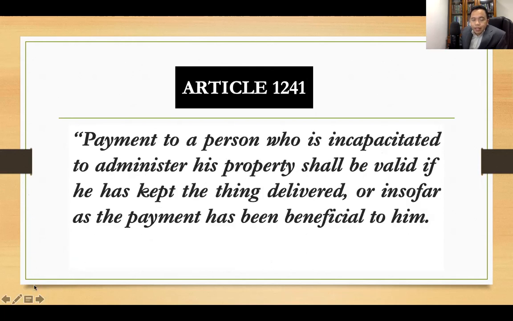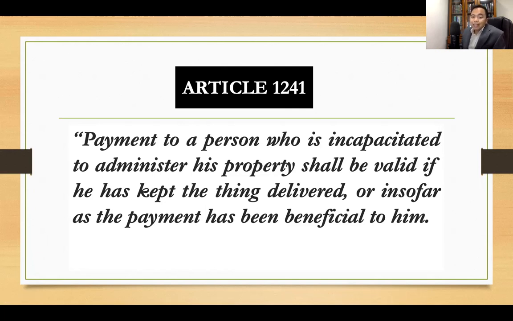Now, let us go to Article 1241. Payment to a person who is incapacitated to administer his property shall be valid if he has kept the thing delivered or insofar as the payment has been beneficial to him. What if the creditor or the obligee is an incapacitated person, just like a minor?